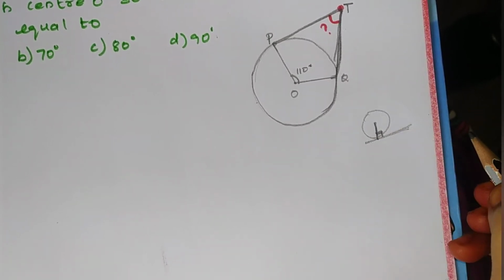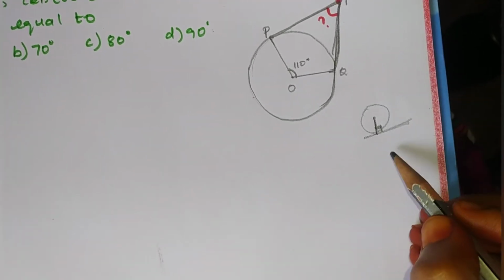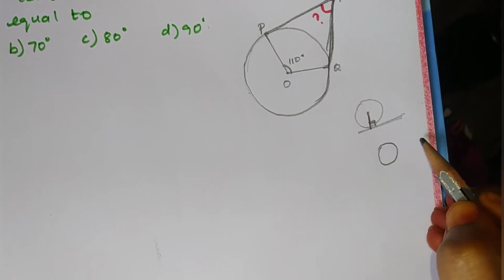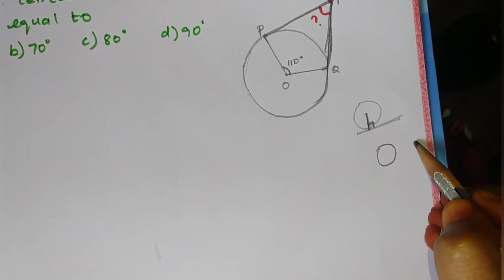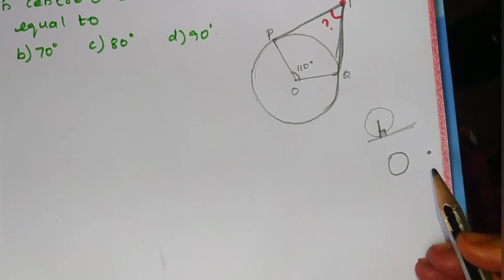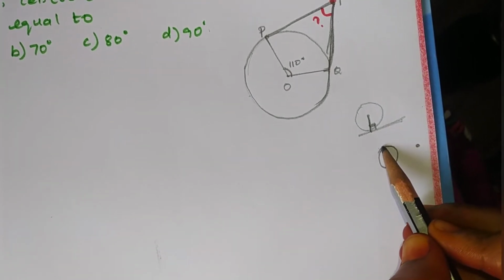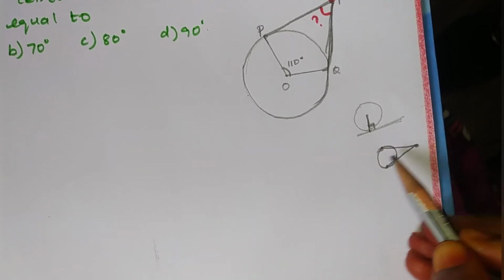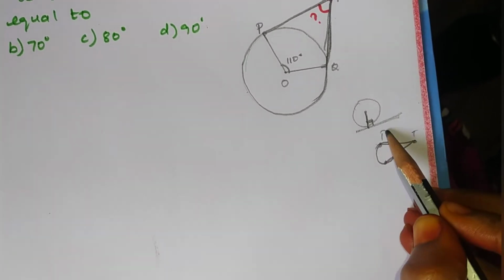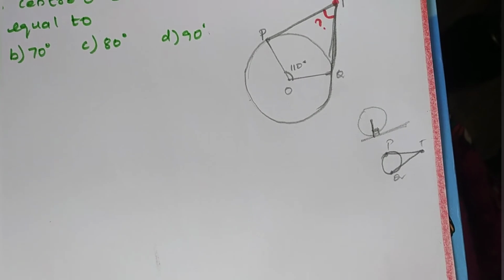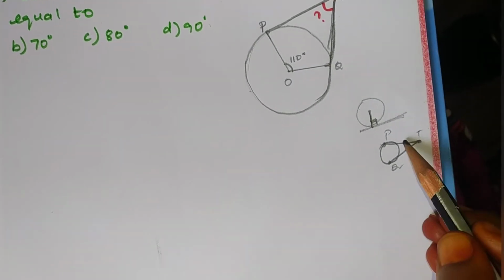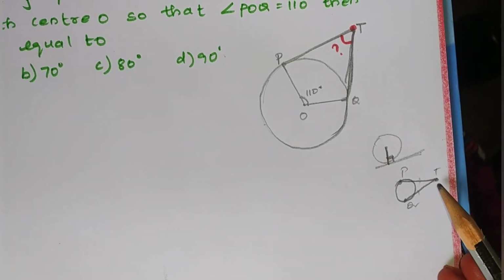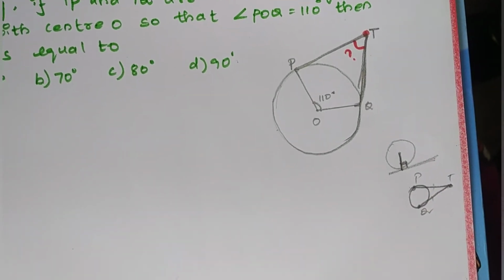And the second theorem is, if you draw tangents from the exterior point, you can draw two tangents, TP and TQ. The lengths of TP and TQ will be equal.